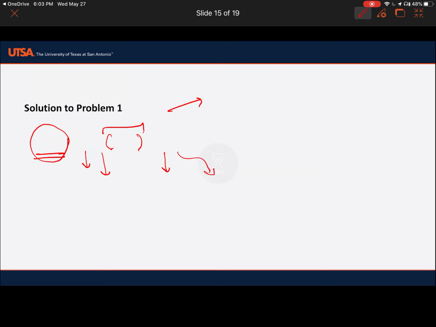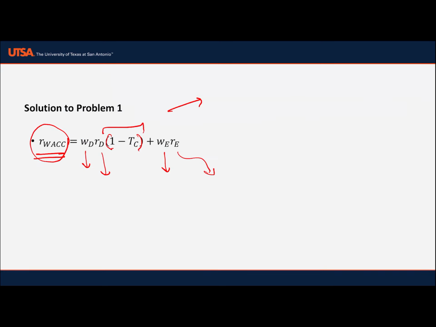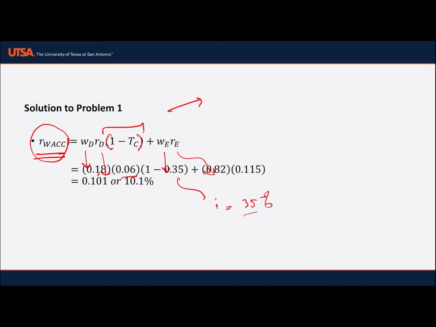So what is the calculation? As you see, the proportion of debt is 18%, the cost of debt is 6%, the tax rate is 35%, and 0.82 is the proportion of equity, and the cost of equity is 11.5%.